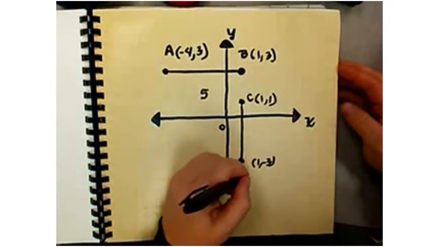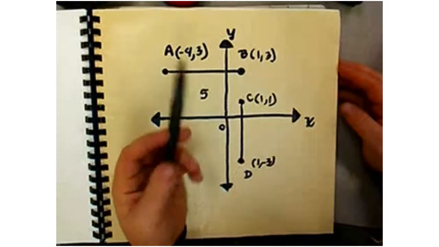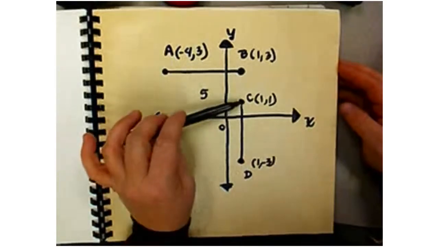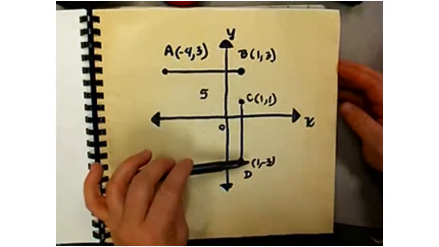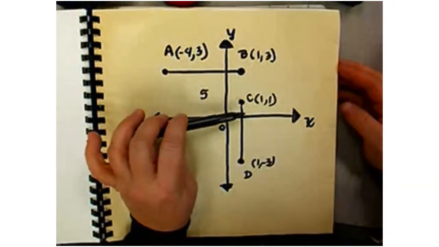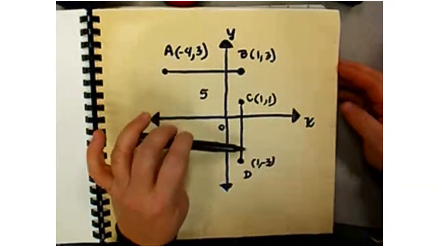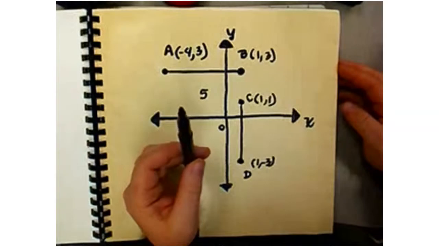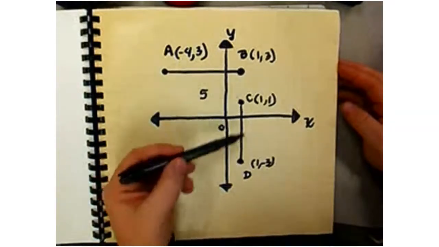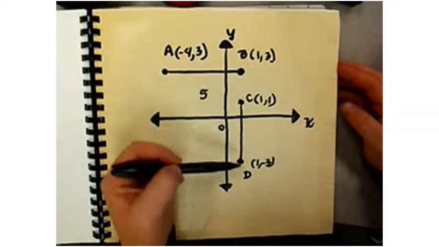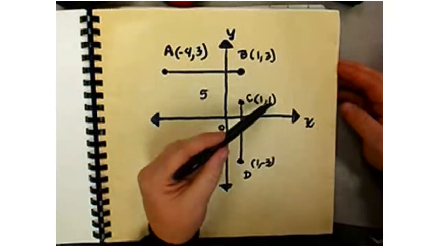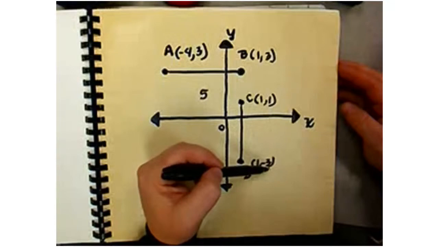And they're labeling this point D. If we wanted to find the distance between these 2 points, we could either count them, 1, 2, 3, 4 units between point C and D, or because it's a vertical line, running parallel to the y-axis, we could find the difference between the y coordinates, 1 and -3.